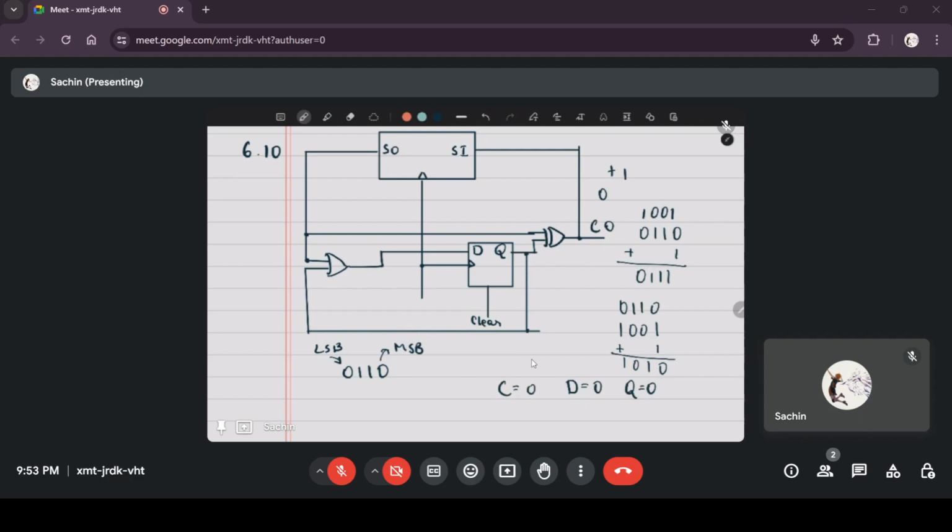After the first clock pulse, the value at C is shifted into the serial input port, and the value at D will be shifted to Q, so Q is still 0.